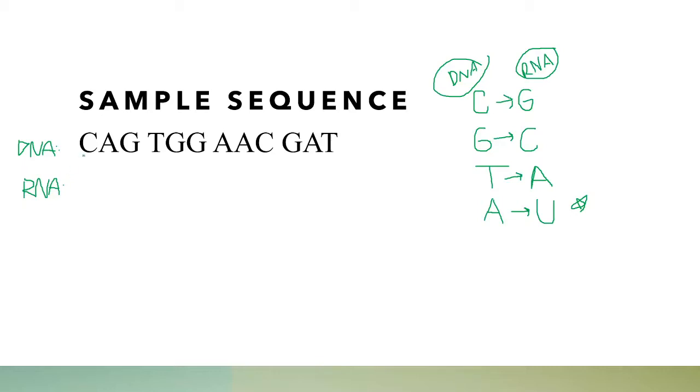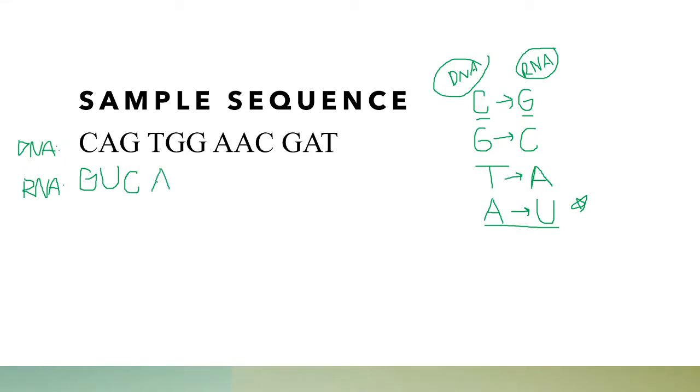So we have C. We know C goes to G. This is the tricky part. We have A. Normally in DNA, A would go to T. But we know now, since we're going from DNA to RNA, we actually need a U. This would be G, U, C. Remember, C and G go together.